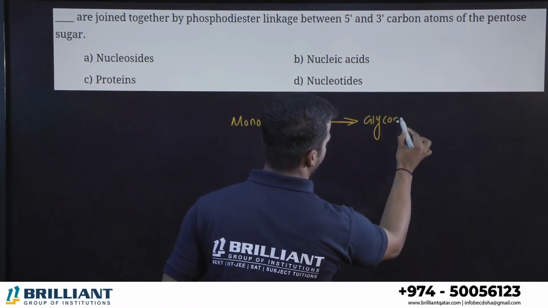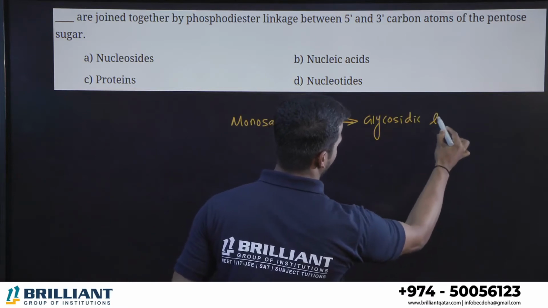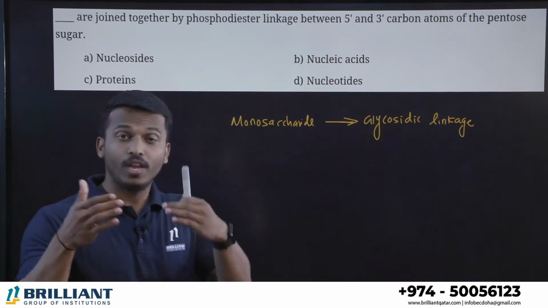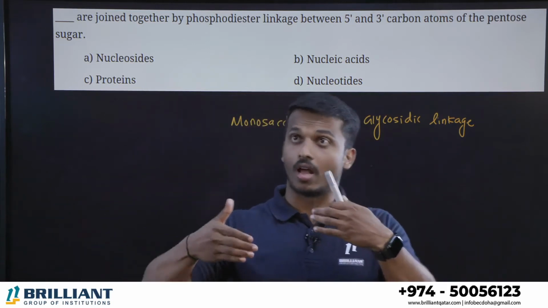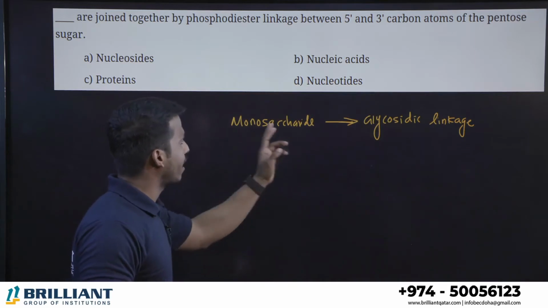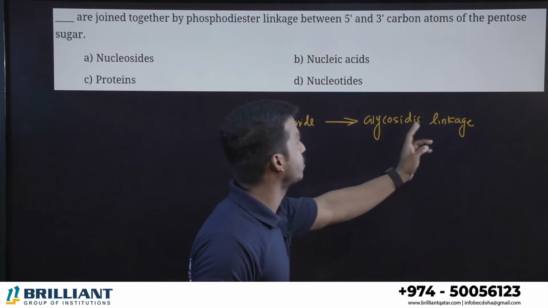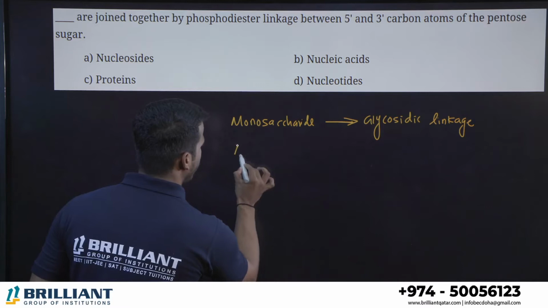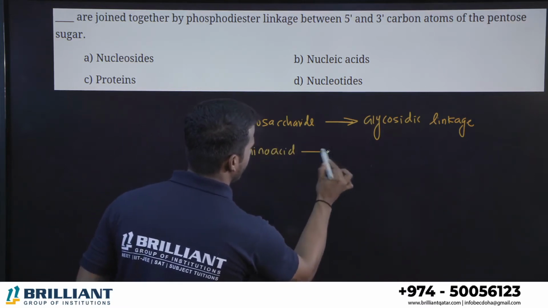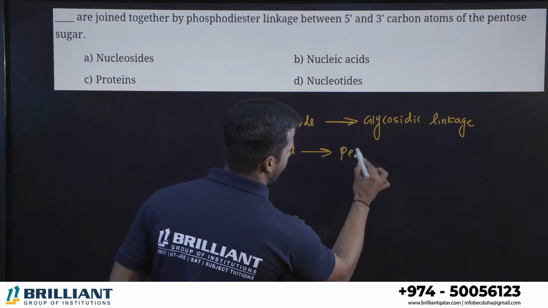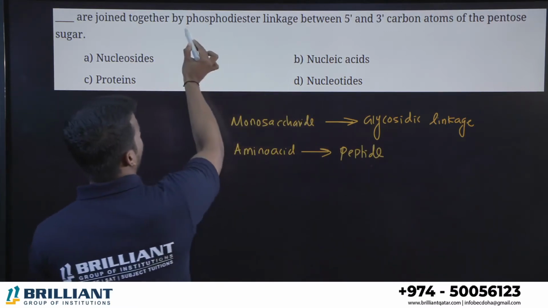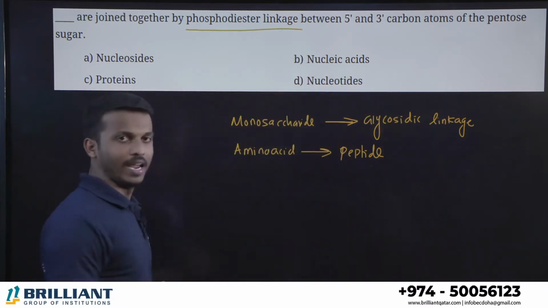That is called glycosidic linkage. Glycosidic linkage. Alright. Between two amino acids, in a peptide chain, what's the name? That is called peptide linkage. Peptide linkage. Where can you observe phosphodiester linkage?